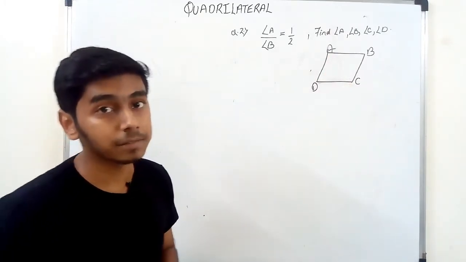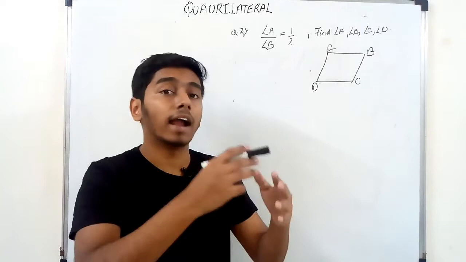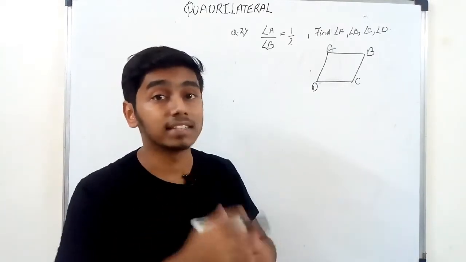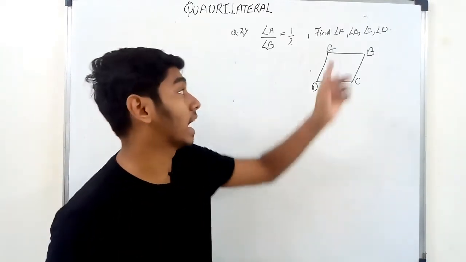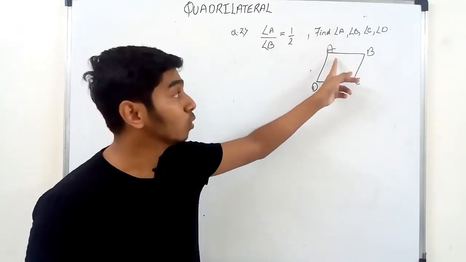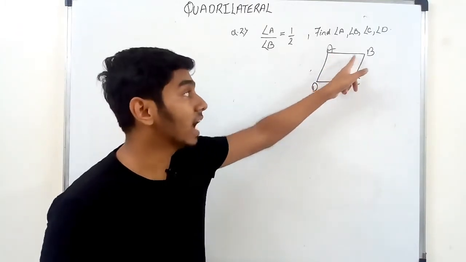Adjacent means consider one angle and consider the angle which is close to that angle. So if I consider A, the angles close to A are B and D.